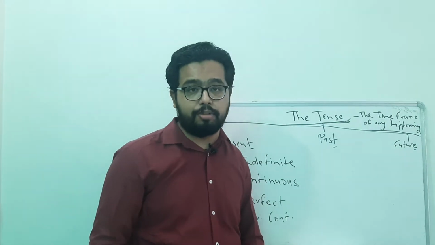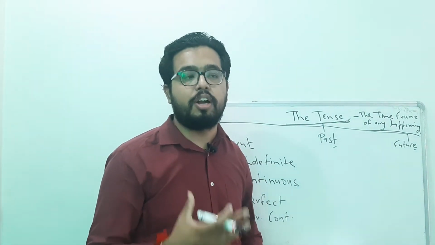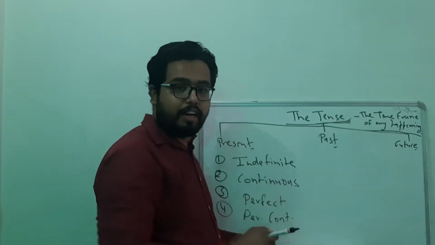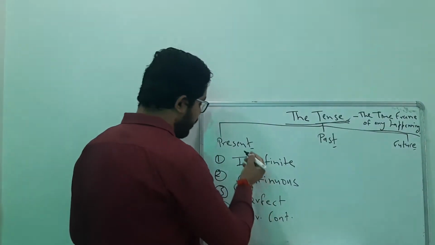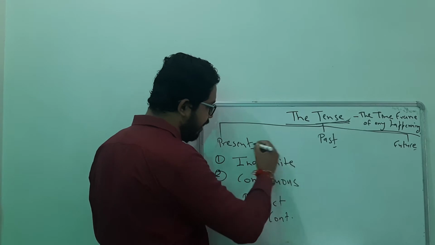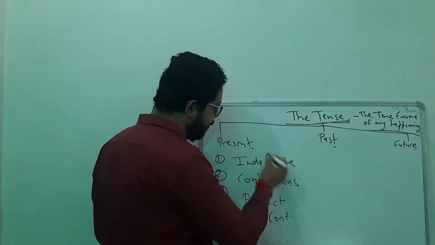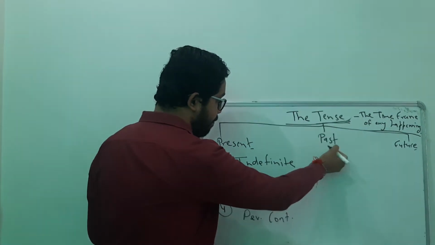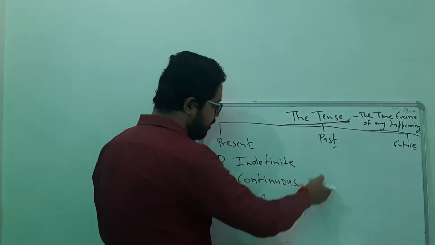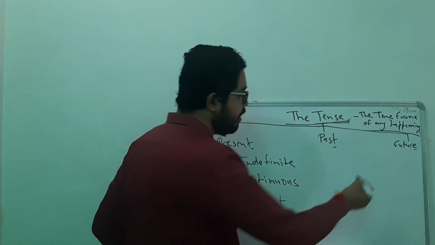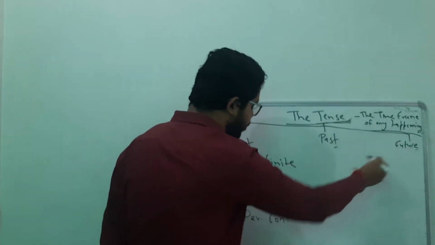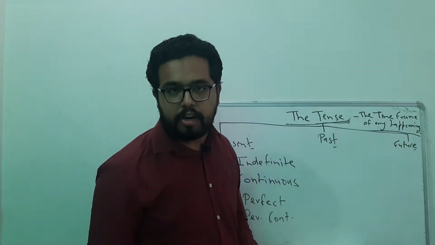He got very confused about which continuous he needed to talk to. So he gave a surname to all of them. It all became present indefinite, present continuous, present perfect and present perfect continuous. In the same way, past indefinite, past continuous, past perfect and past perfect continuous, and future indefinite, future continuous, future perfect and future perfect continuous, right?